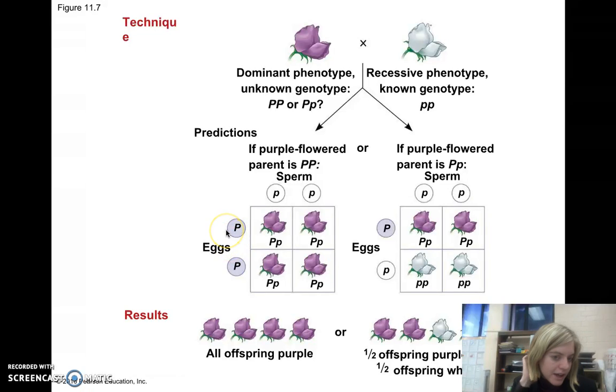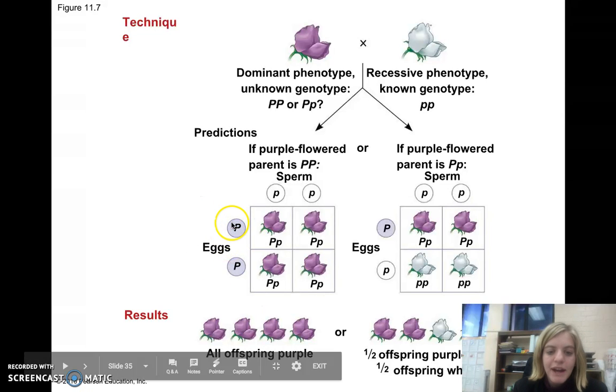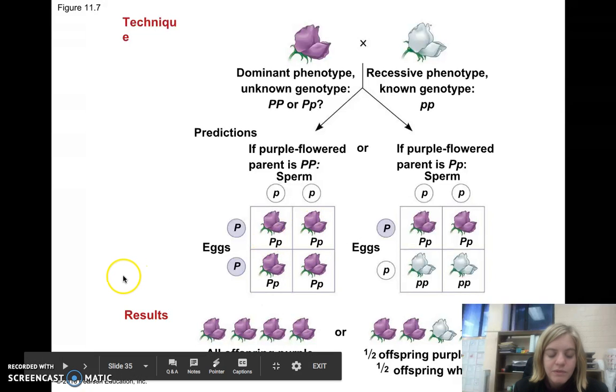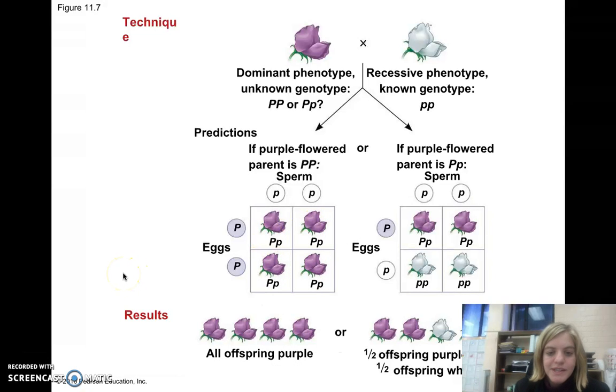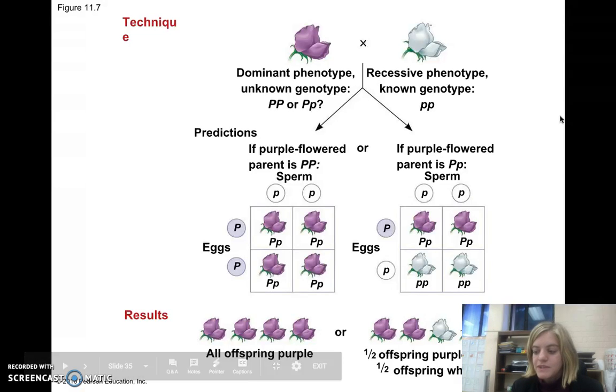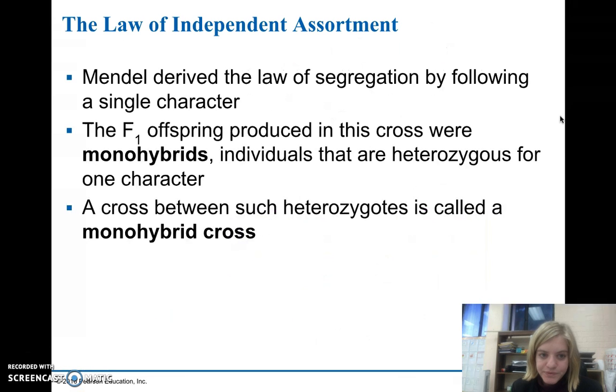If the parent is homozygous dominant, however, that dominant gene is going to be passed to all of the offspring, and we will never see the recessive phenotype in that first generation. All of the offspring will be purple. And so we can go backwards and use the test cross accordingly.